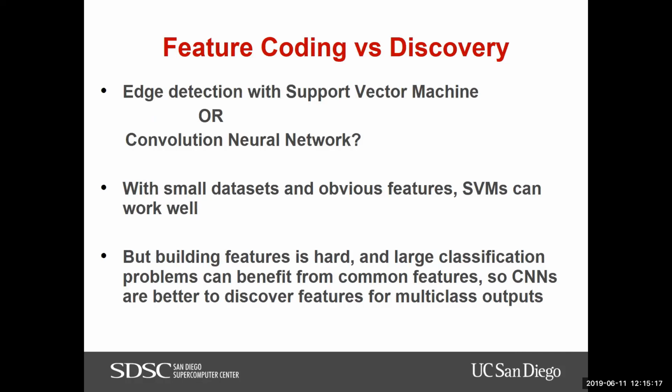If you have a small data set and features that are pretty obvious, support vector machines might be the better way to go. Building features can be hard. But if you have a lot of data, a large classification problem, feature discovery can be the better way to go.